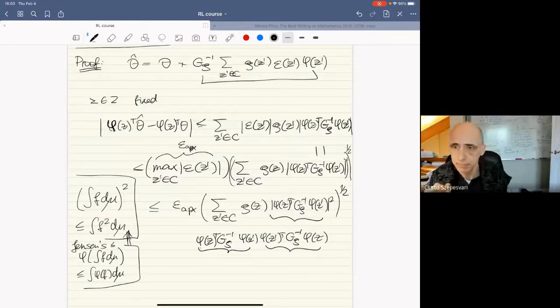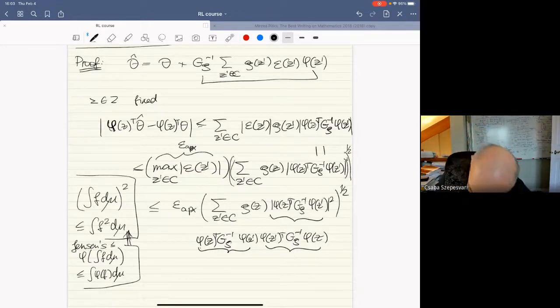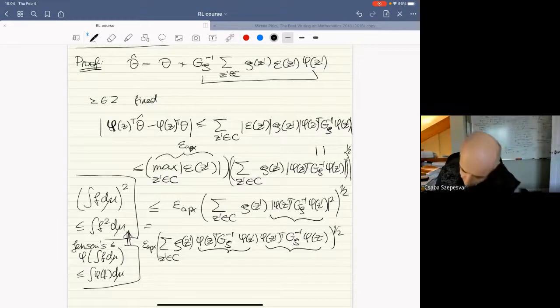And I can drop the absolute value because these are real numbers, so nothing's going to be lost. So put back the sum. So this is equal to this, under the square root.